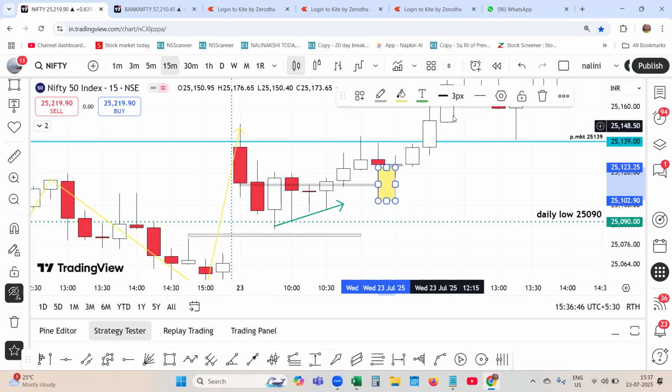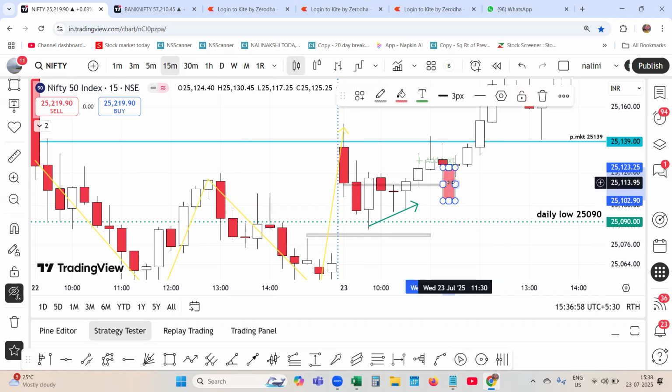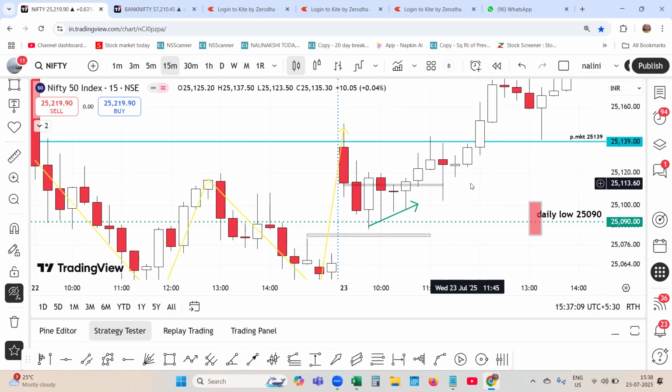Okay. This is a red candle, a scary candle. People might have thought it is a double top inducement and they might have pressed the button. But the way it closed inside was a clear indication that it has swept this liquidity and closed higher.